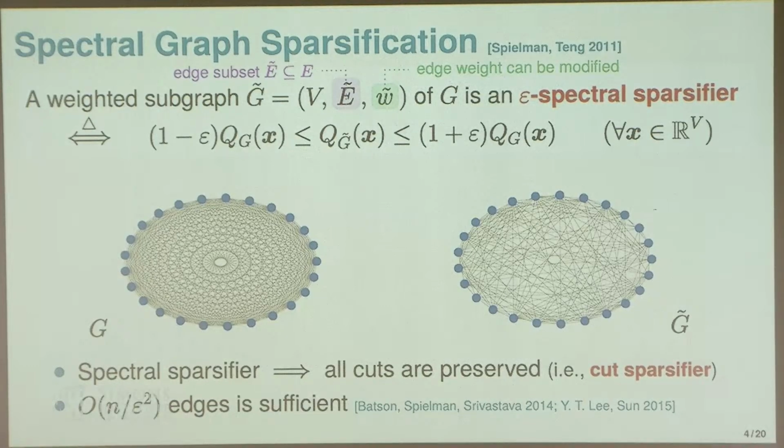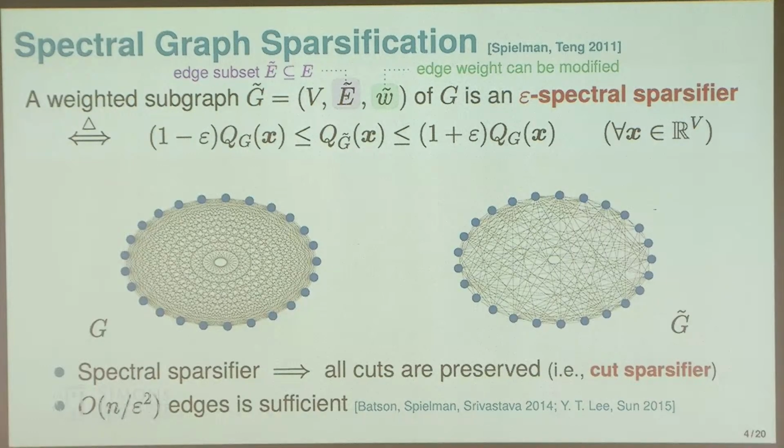So given a dense graph, we want to sparsify it preserving the quadratic form. From the observation I mentioned, if you have a spectral sparsifier, it preserves all cut values, so you can automatically speed up any cut-related algorithms, which is nice.